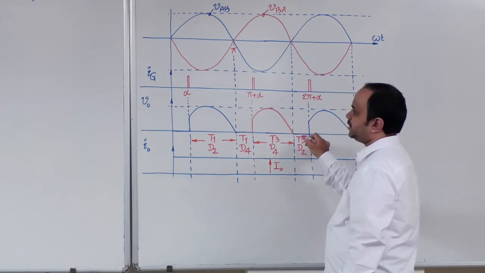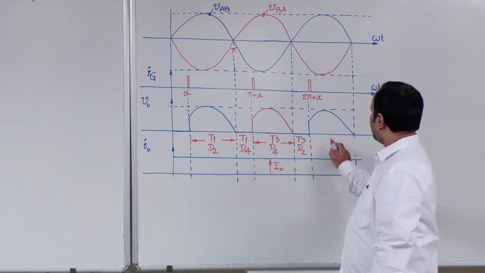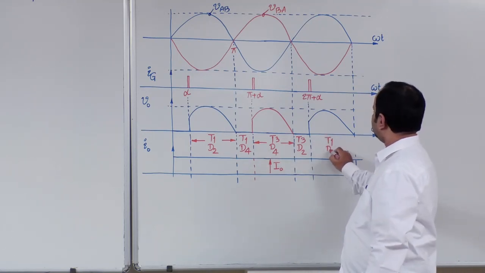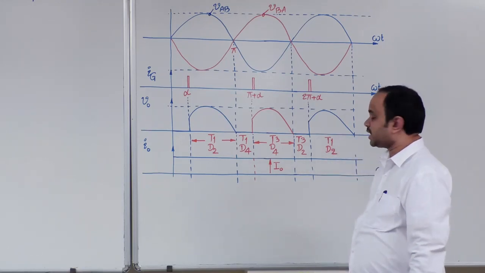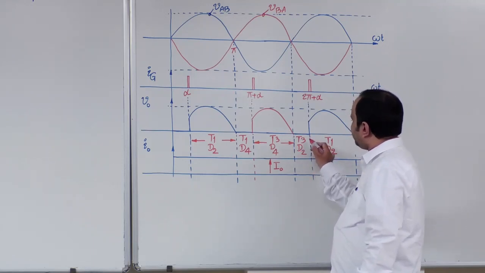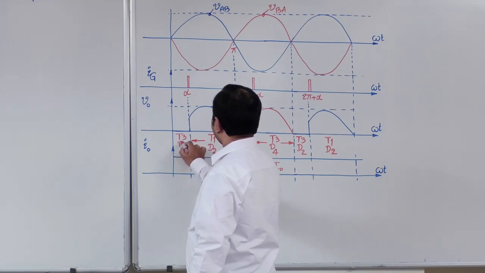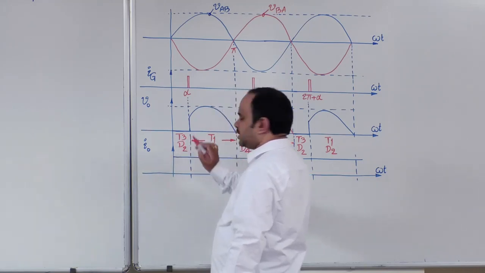T3 and D2, and they provide freewheeling action. Now again T1, D2 will be repeated. Important point here is 2 pi to 2 pi plus alpha is same as from 0 to alpha also.